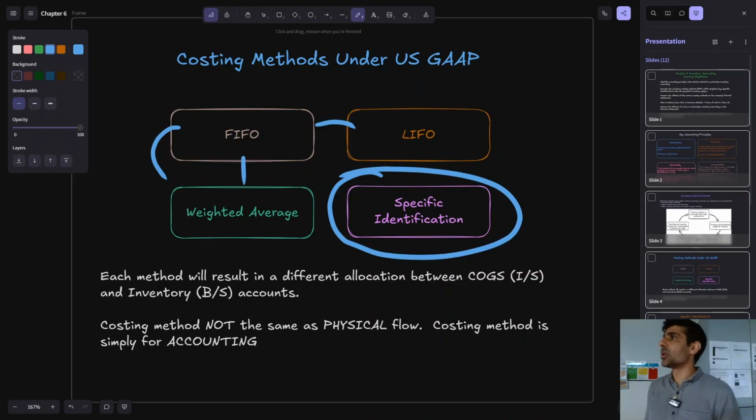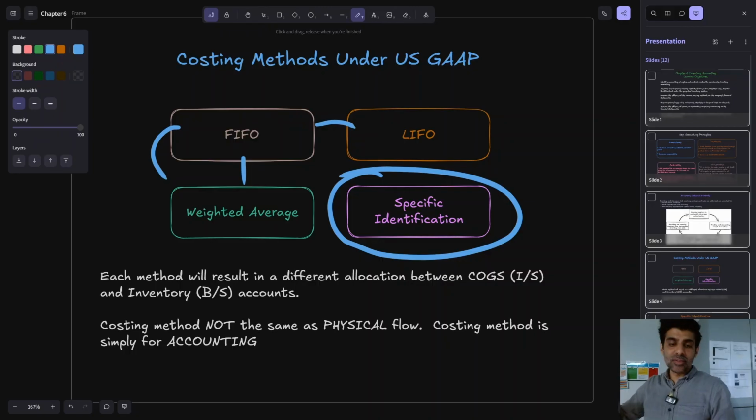And depending on that choice, the outcome on your income statement and your balance sheet is going to be different. Even though you have the same number of units being sold and the same sales revenue, the way that you calculate cost of goods sold is going to be different between these 3, and therefore your expenses will be different, your inventory will be different, and your profit will be different, because these are ways that we're calculating cost of goods sold.